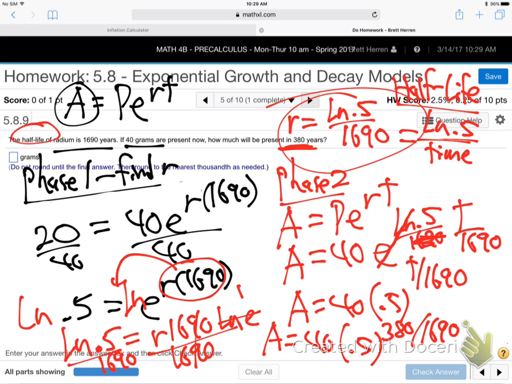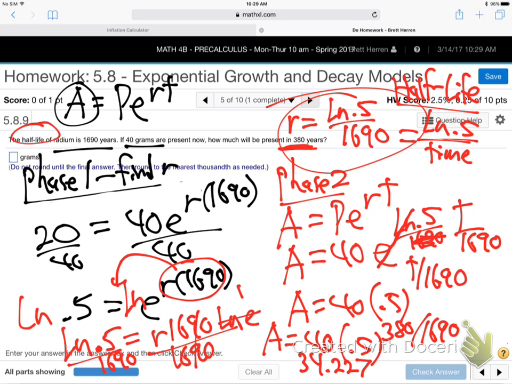They want the nearest 1,000th, 3 decimal places. 227? Anybody else getting that? Is that good? 34.227 of that stuff left. Yeah, because 380 years wasn't even the half-life, so there's going to be more than half still. More than 20 is going to be left, because it takes 1690 years to get down to 20. That's only 380 years.